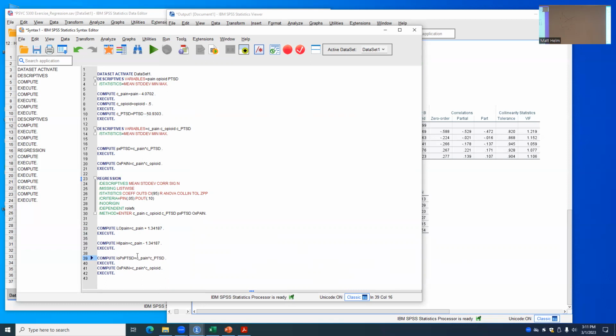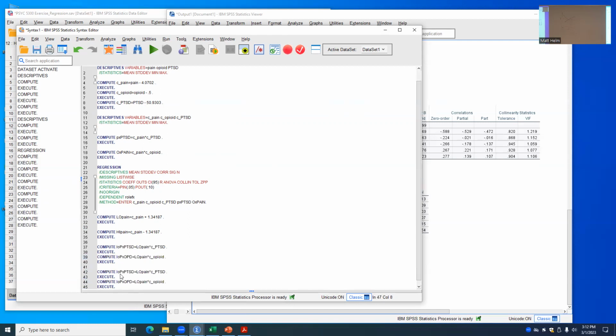PTSD is going to be my centered PTSD, and opiate use is going to be my centered opiate use. Right, so I've got my two interaction terms for pain recentered at low values.